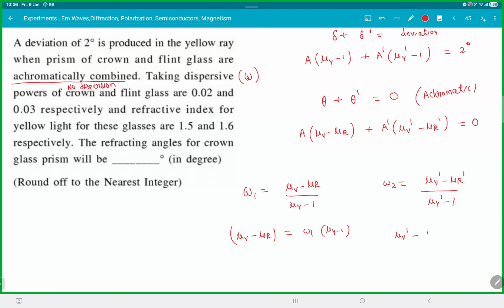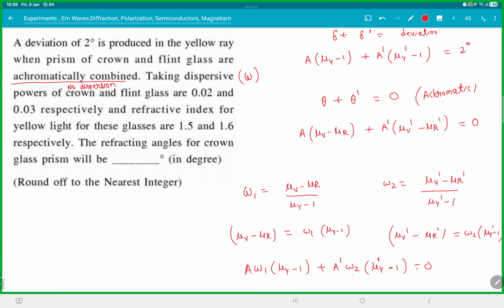So this will give you mu violet dash minus mu red dash is equal to omega 2 into (mu yellow dash minus 1). Now if you take and dump it there, you'll end up with A omega 1 (mu yellow minus 1) plus A dash omega 2 (mu yellow dash minus 1) is equal to 0.